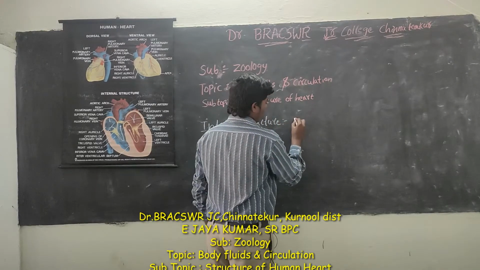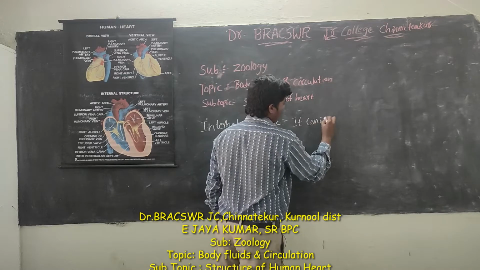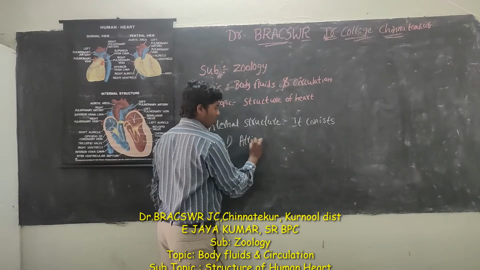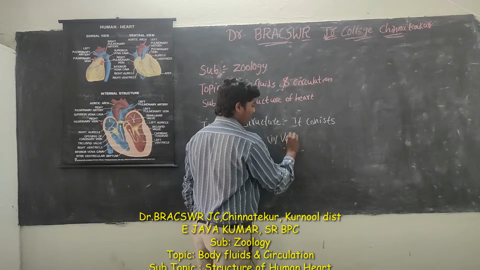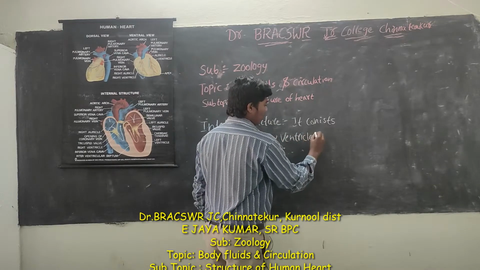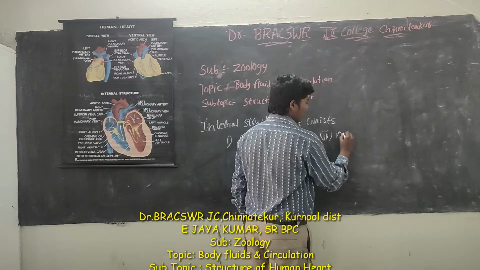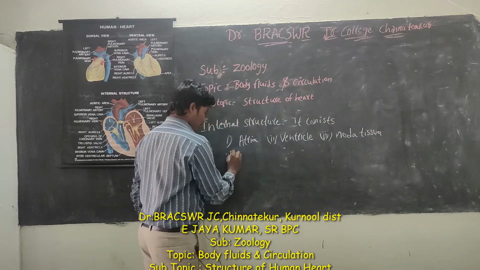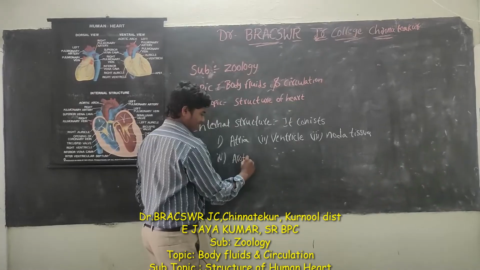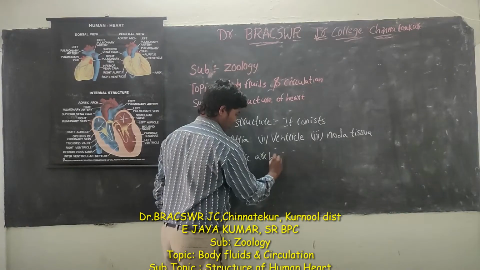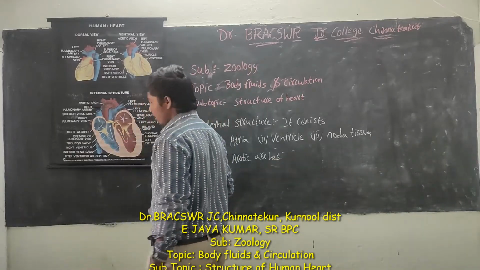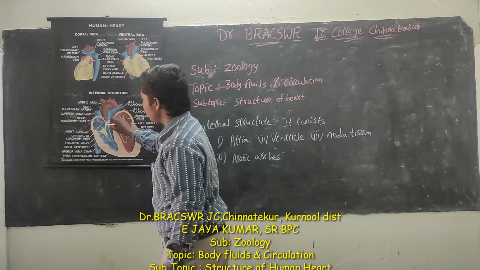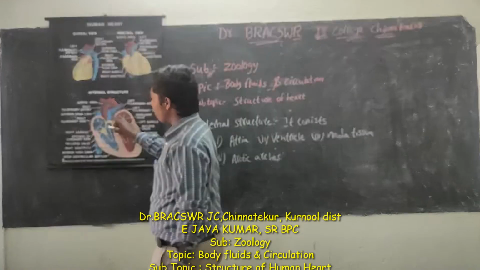Internal structure consists of four parts. One is atria, two ventricles, three nodal tissues, and the fourth is the aortic arches. The internal structure has two atria, two ventricles, and nodal tissues SAN and AVN, the sinoatrial node and the atrioventricular node.